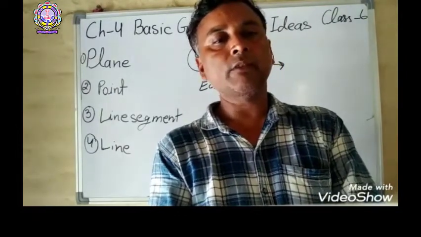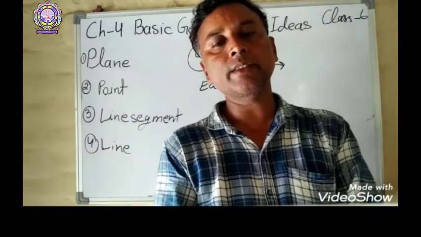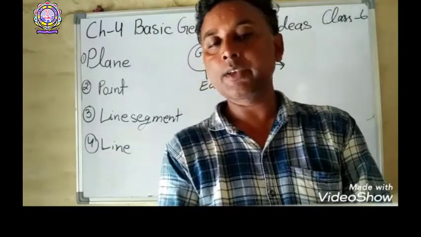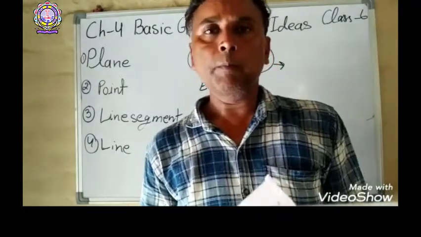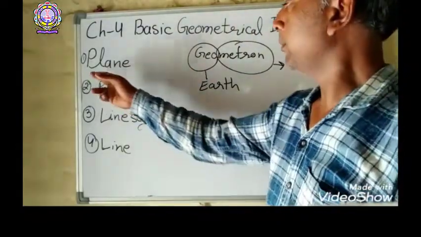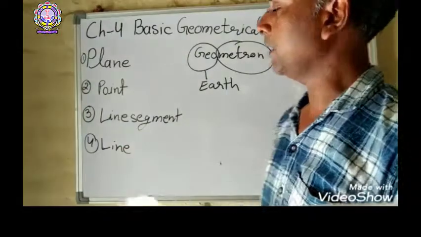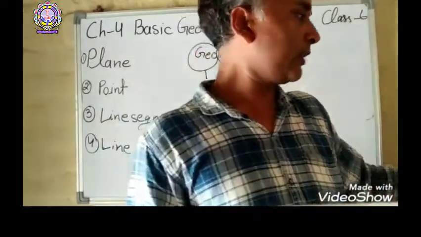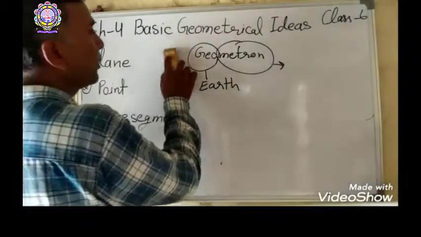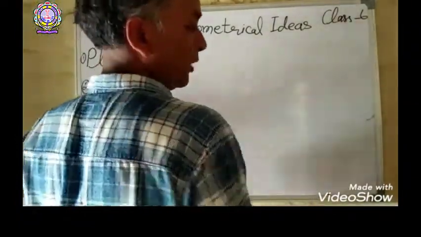So in this chapter, we shall study these geometrical ideas and shapes that we have around us. But in this topic, we study only plane, point, line segment, and line. The first thing that comes is the plane. So what is a plane?